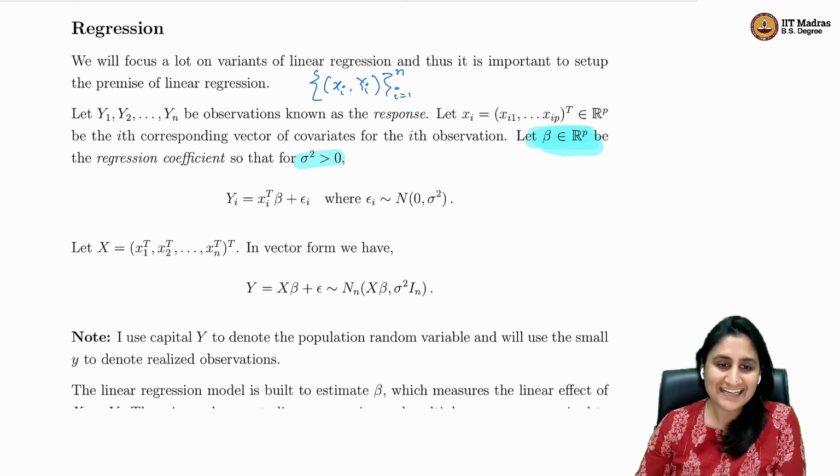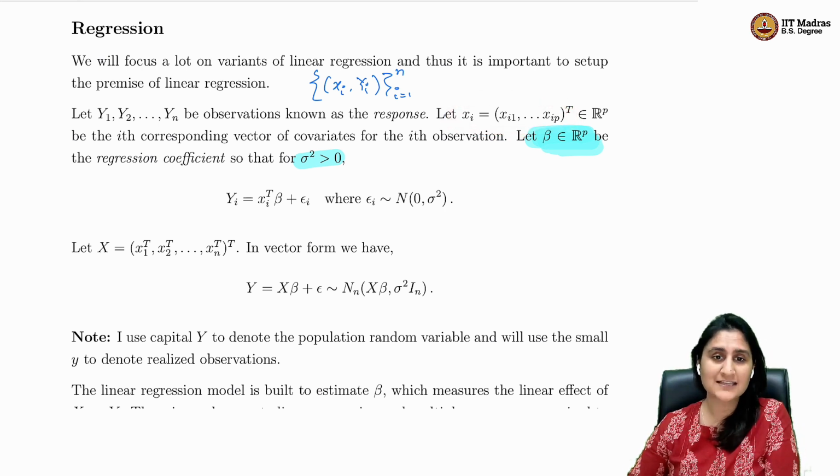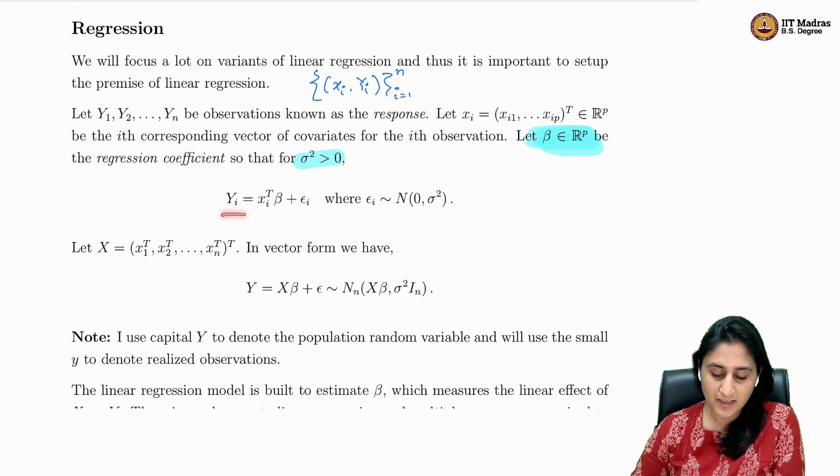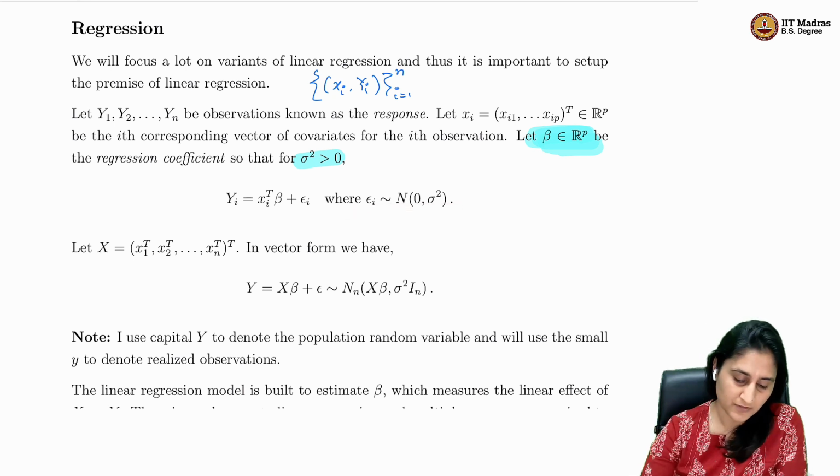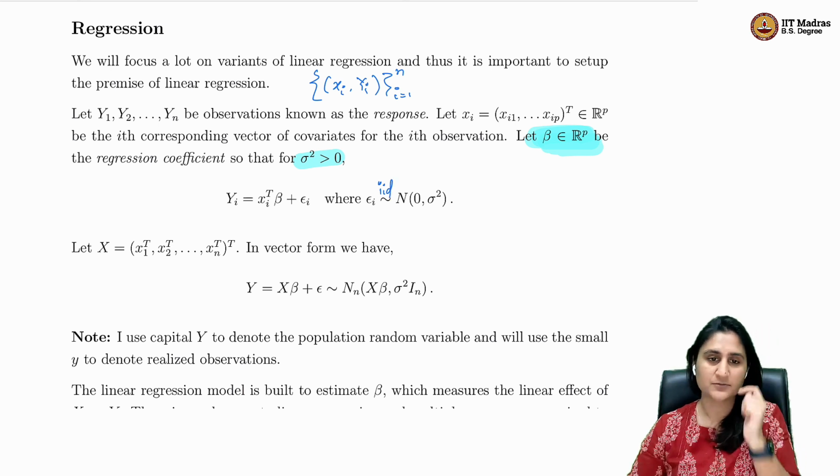The idea is that given these covariates, this information xi, I want to model a relationship between the response and my xi's in a linear fashion in the following way: yi is equal to xi transpose beta plus epsilon i, where the epsilon i's are IID normal 0 comma sigma squared.